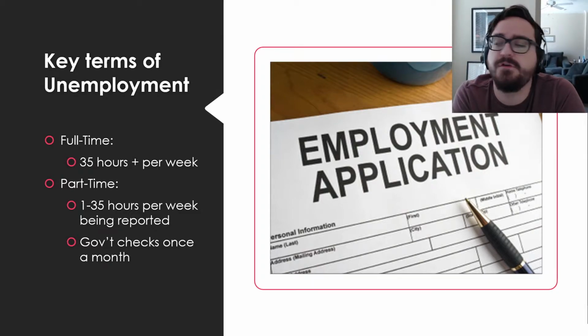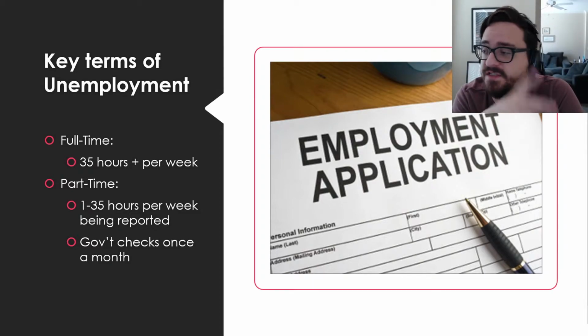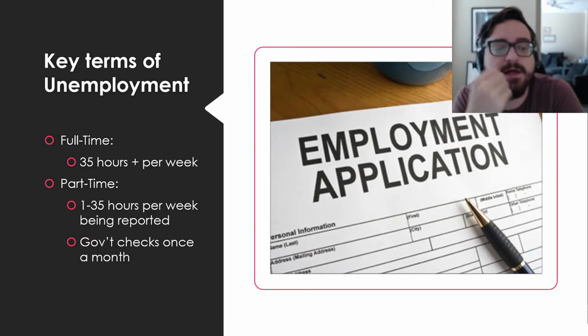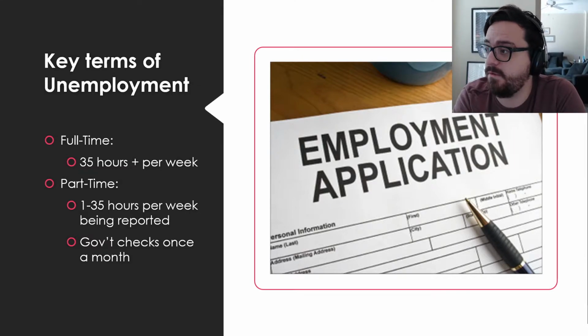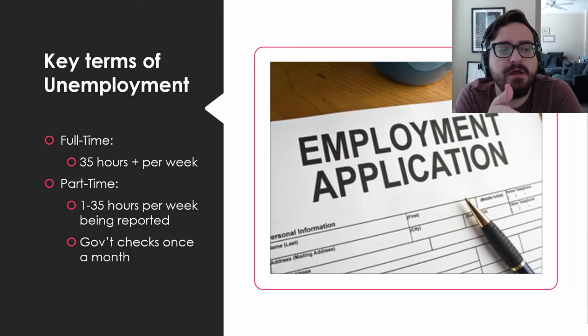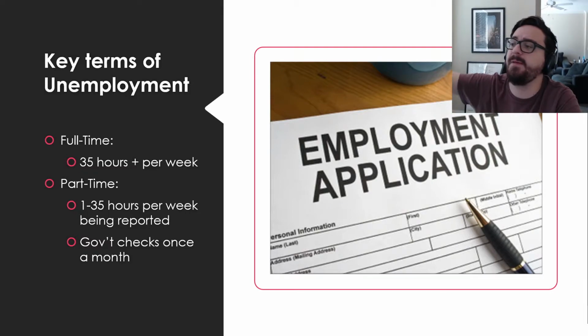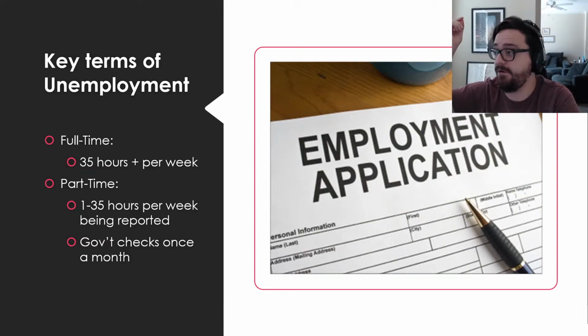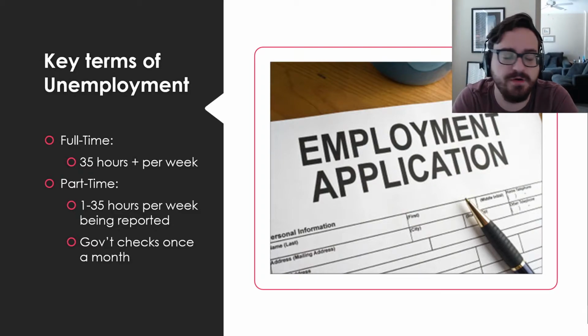An important disclaimer for full-time and part-time work is the government tracks this once per month, 1 week per month. And some of you guys who work part-time, especially summers versus school year, could have a week where you work 40 hours and could have another week where you work 20. And if the government happens to be tracking it the week that you worked 40, when they're marking off how many people are in full-time work, they would have counted you as a full-time employee, even if you're not getting a salary benefit or insurance or anything like that.